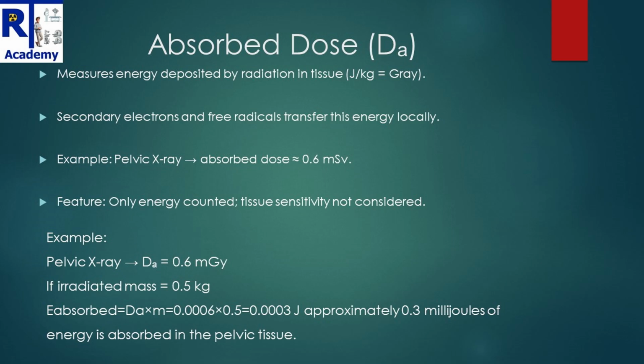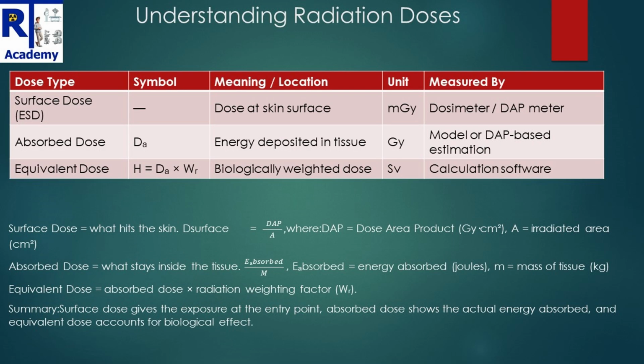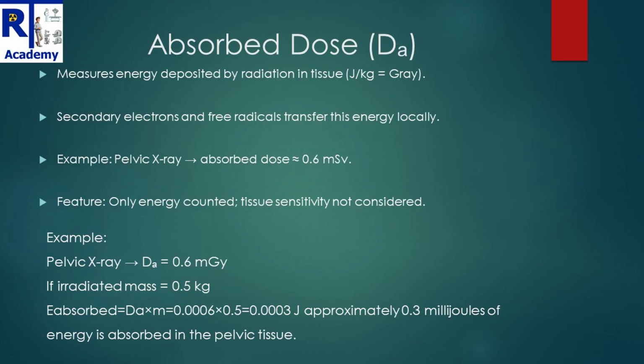Photons enter the body, secondary electrons are released, free radicals are generated, and all this energy is deposited in a point or region. Example: during a pelvic X-ray, suppose the absorbed dose is approximately 0.6 millisievert. This energy is deposited in the pelvic tissue. Feature: only the amount of energy is considered. Tissue sensitivity is not yet accounted for.